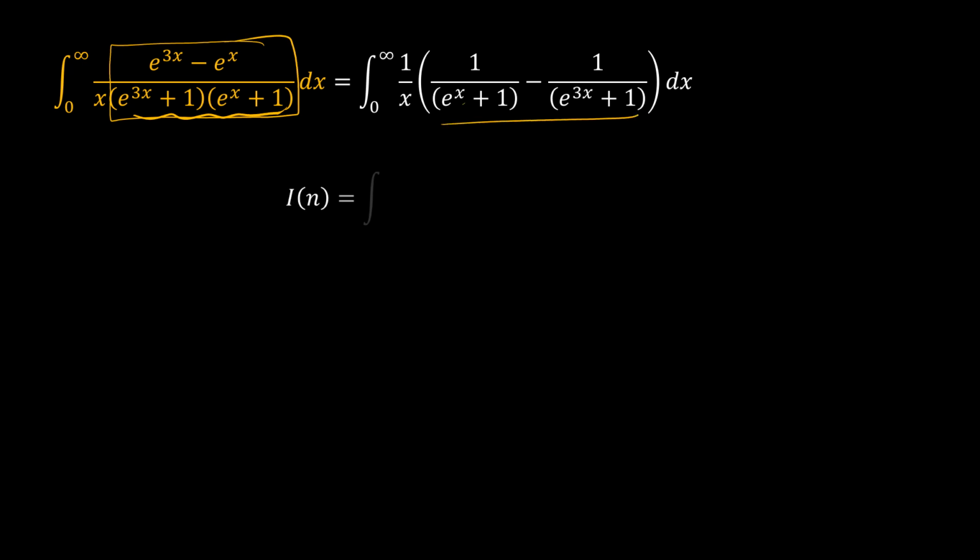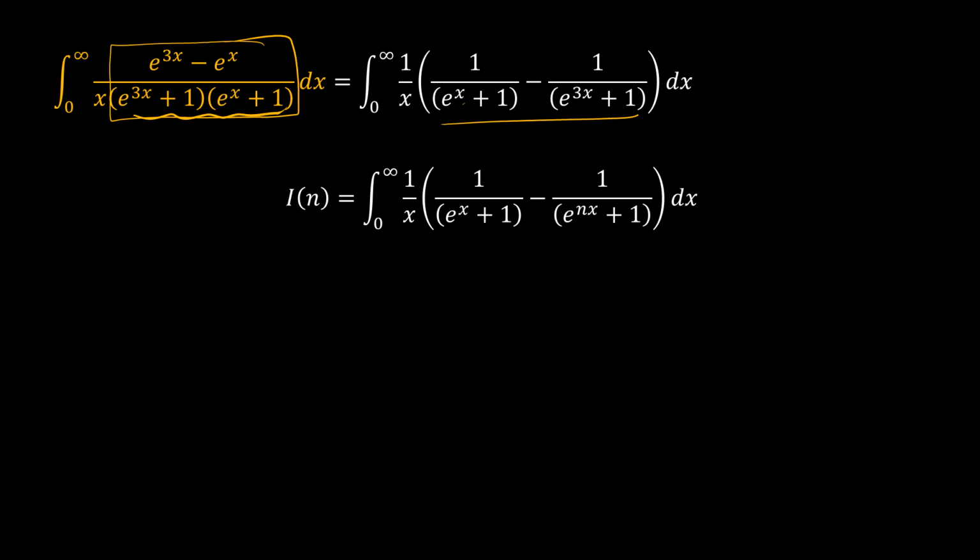Then we can say, okay, there is an integer 3 here. Our integral is the same as I(n), which is the definite integral from x equals 0 to x tending to infinity of 1 over x times (1 over (e^x plus 1) minus 1 over (e^(nx) plus 1)).